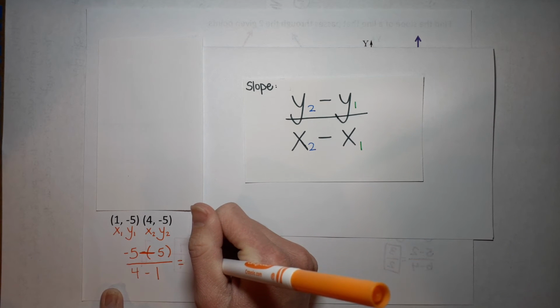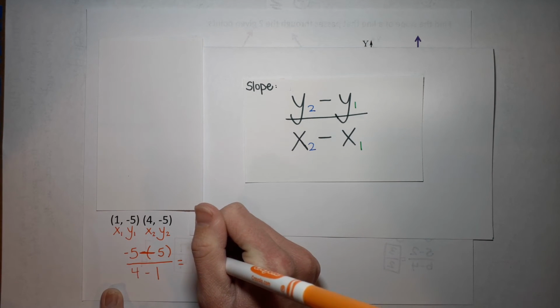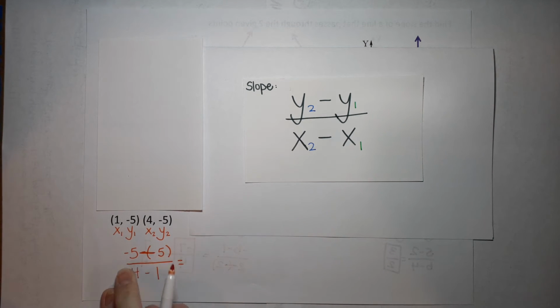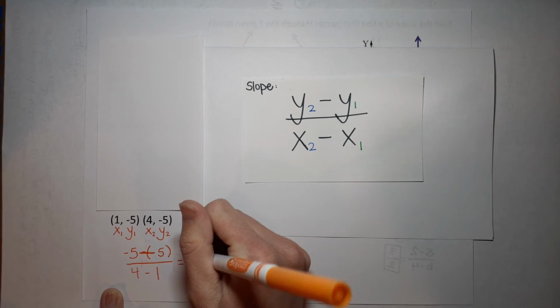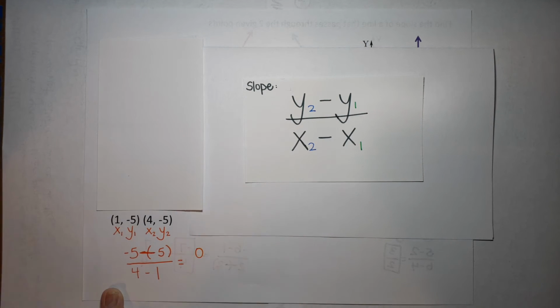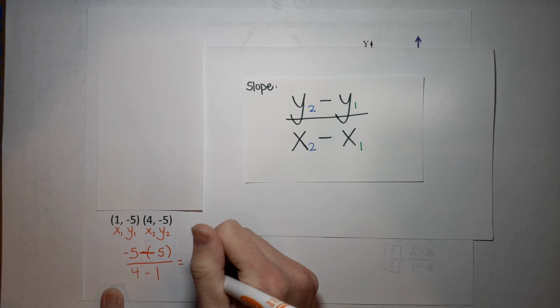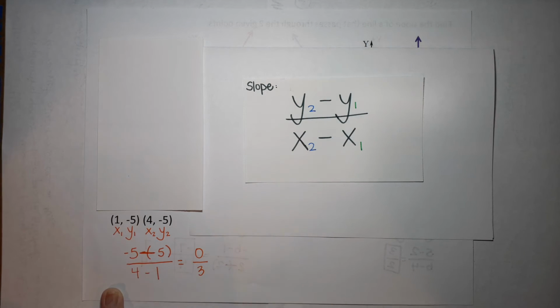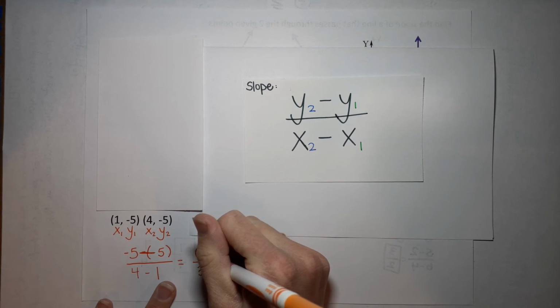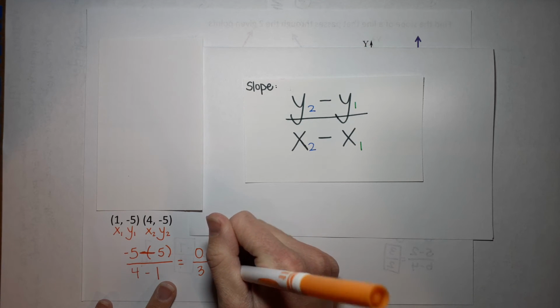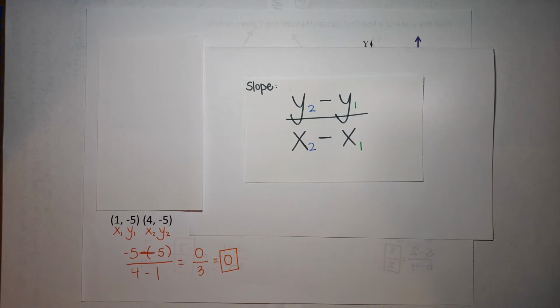So it's -5 plus 5, which gives me 0. Oh, that kind of puts an idea in my head like, oh, this one might be a little different. 4 minus 1 gives me 3. All right, so we got 0 over 3, which really is just 0. So my slope is 0.